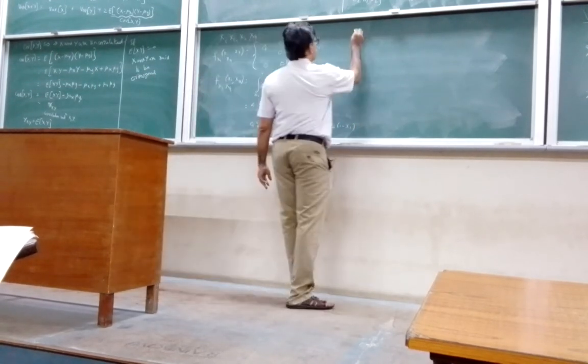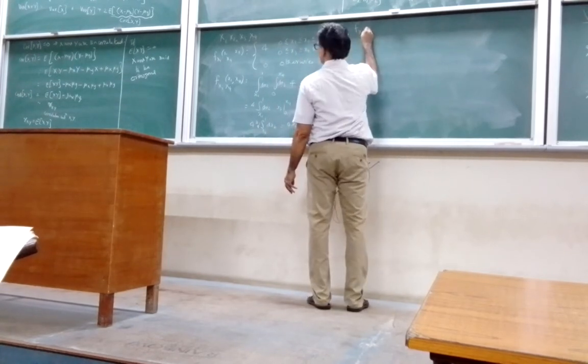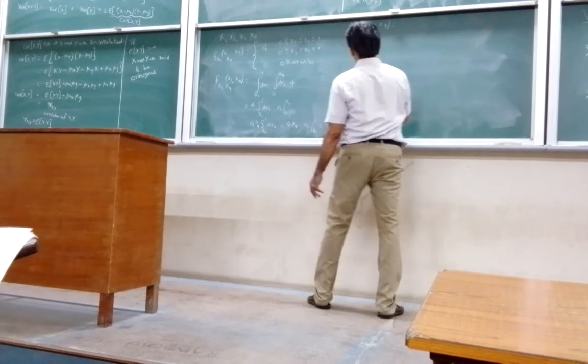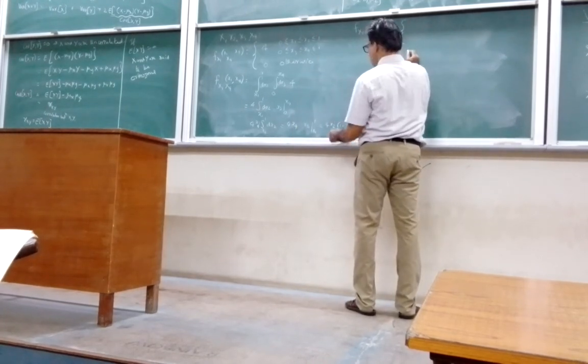So we can then write here the marginal density of x1, x4 as, how is it?